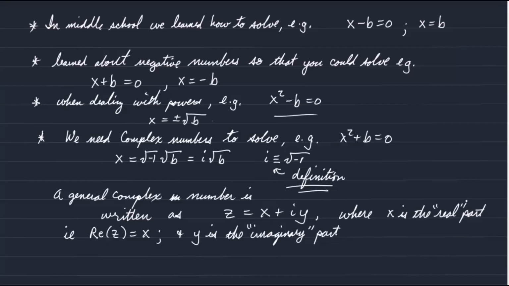So we have a real part and an imaginary part. You shouldn't read into the conventional meanings of real and imaginary. These are just words used to describe these different parts of the complex number. So the imaginary part is no less true or real than the real part, so to speak. The imaginary part we would denote as Im of z, and that's equal to y.